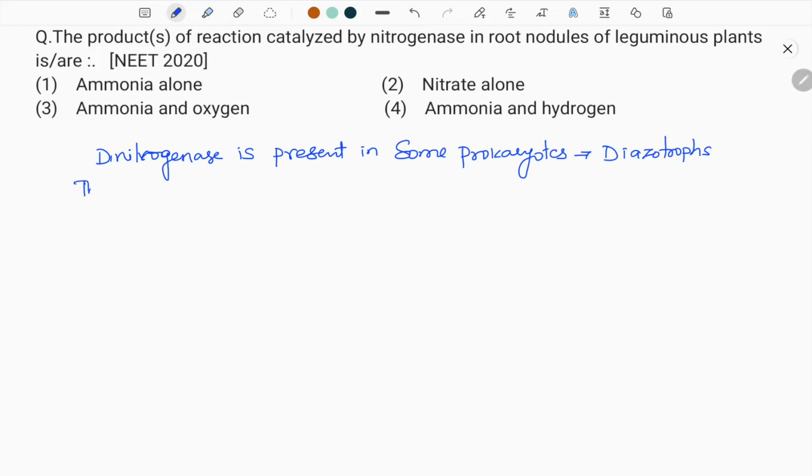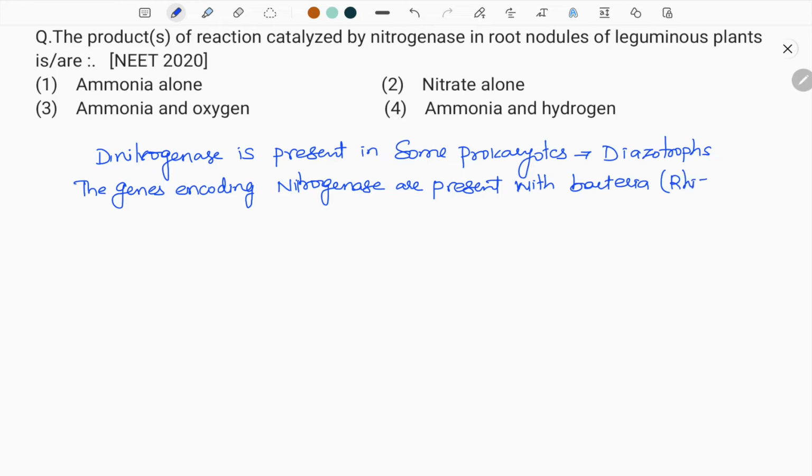That is, the genes encoding nitrogenase are present with bacteria, that is Rhizobium.